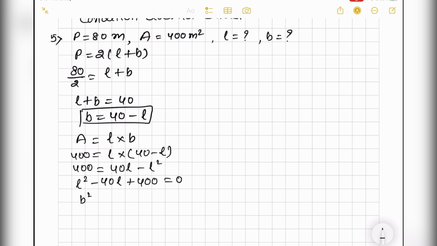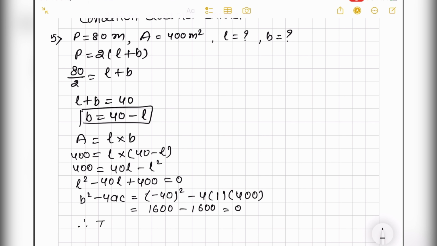So B square minus 4AC, as he has asked, is it possible, equal to minus 40 whole square minus 4 into 1 into 400. So this will be 1600 minus 1600. So 0. So therefore it is possible.